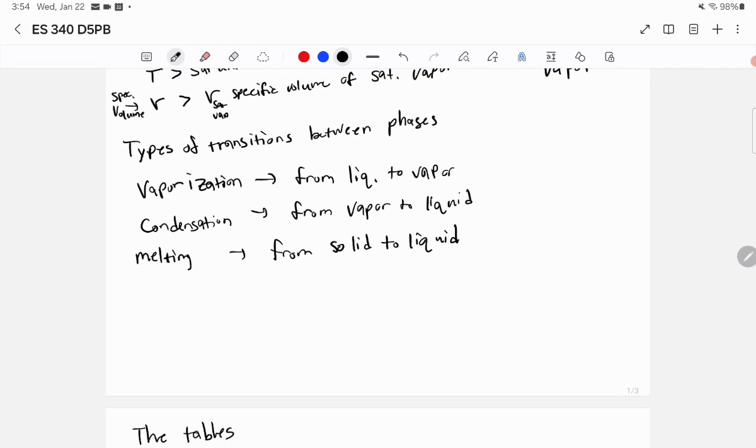And we have sublimation, which is going from, this one is actually going directly from solid to vapor directly. And obviously, freezing, I should mention. Liquid to solid.